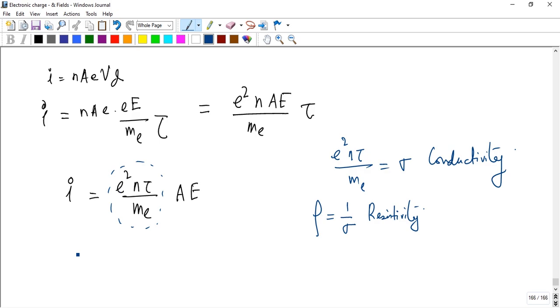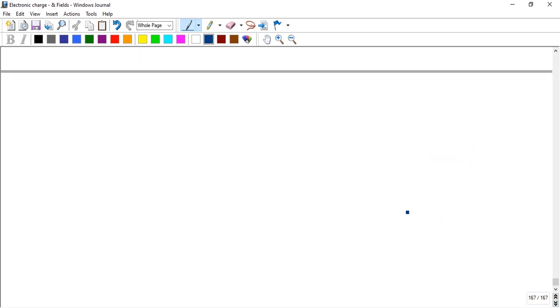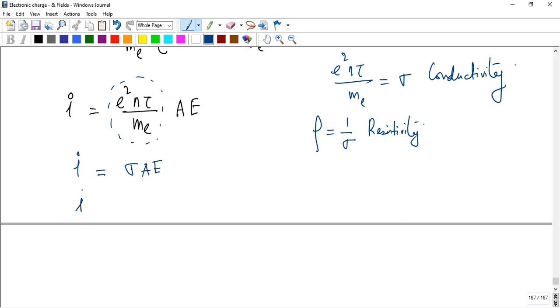So I equals sigma A E, and if I replace sigma by 1 by rho, I equals A by rho times E. And what is E? The electric field, which equals V, the potential difference across the conductor, divided by L, the length of the conductor.